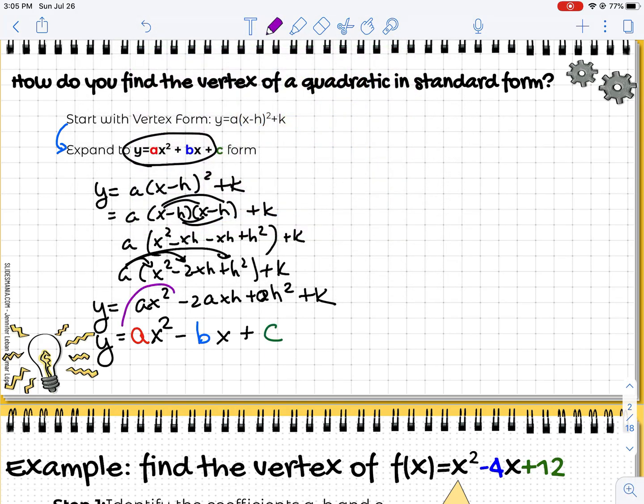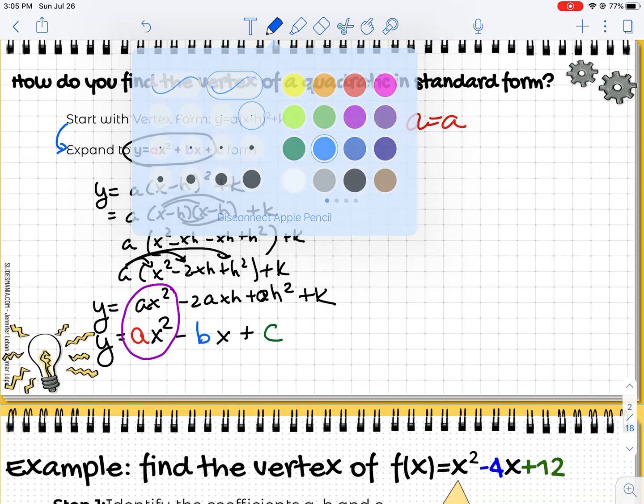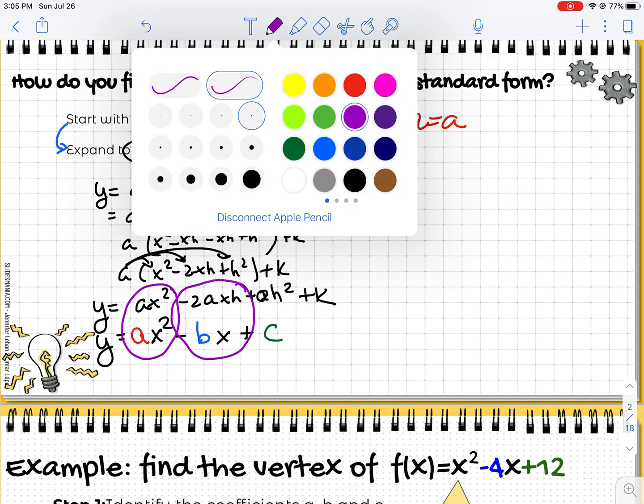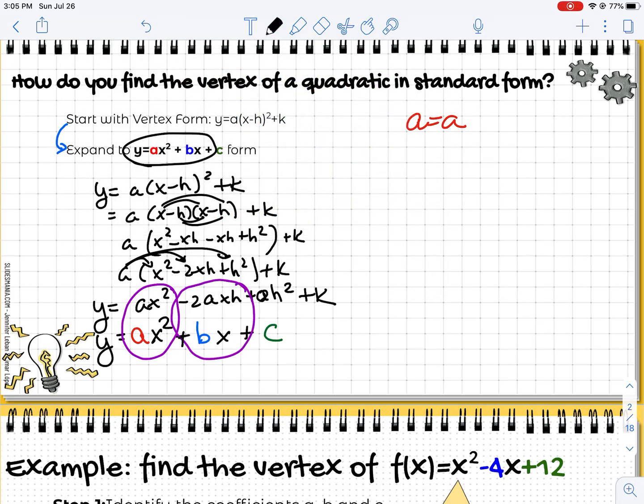If you noticed, these two match perfectly, right? So I know that a will equal a. On the middle part here, I think I deleted a little plus sign there.